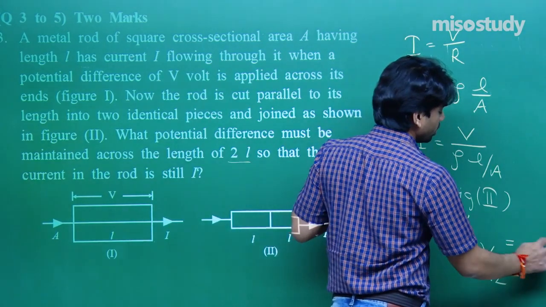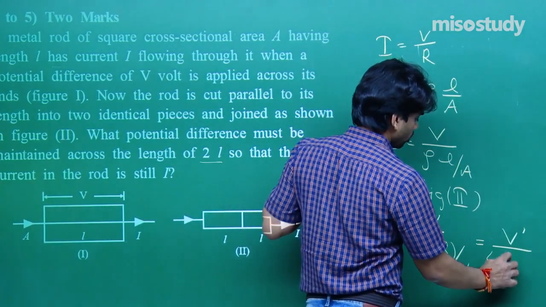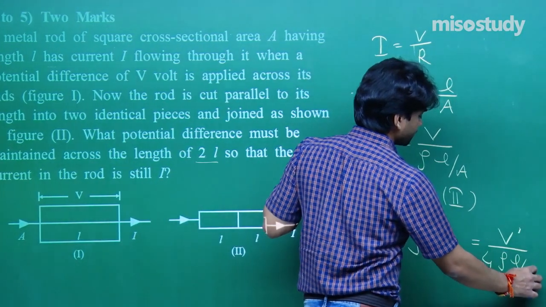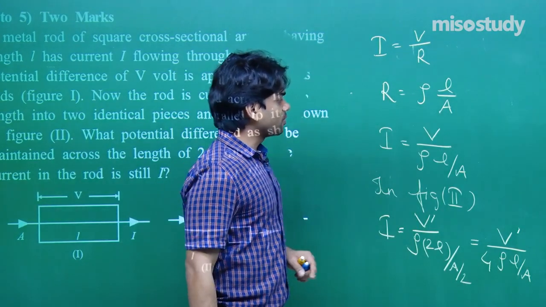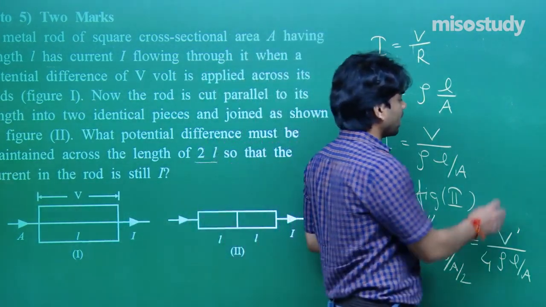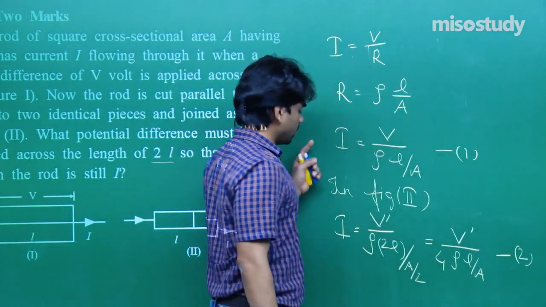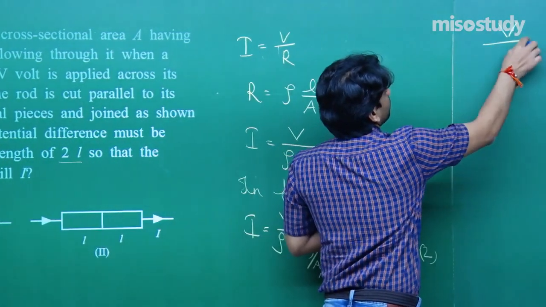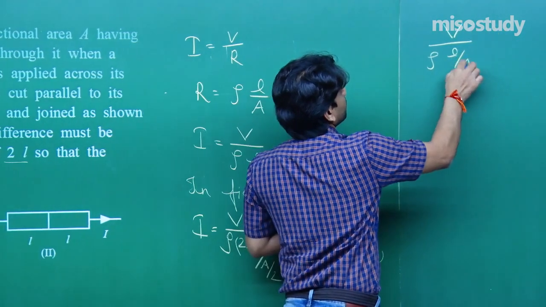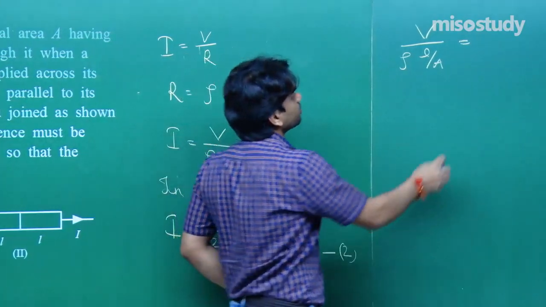So this will come out to be V dash by 4 rho L by A. We got this. Now I has to be the same. So if I replace this as V by rho L by A, I has to be the same. So I am replacing from here to here. So V by rho L by A is equal to, now you observe here, V dash by 4 rho L by A.